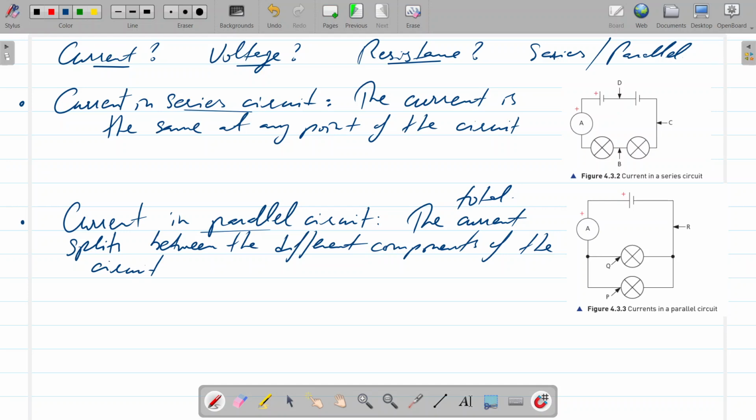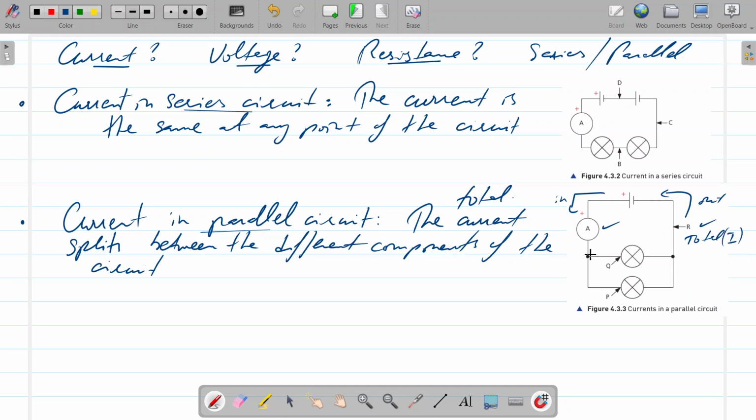So the ammeter placed over here or placed at point R will have the same value, because this is current going in and this is current coming out. But P and Q are different. If the ammeter is placed at point Q or at point P, it will give different readings, because over here it's giving you the total current, so total I, that is in the circuit.